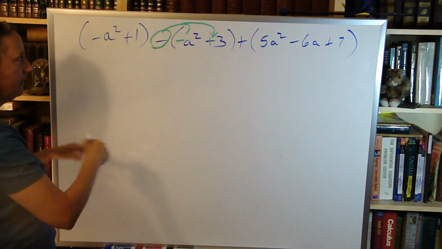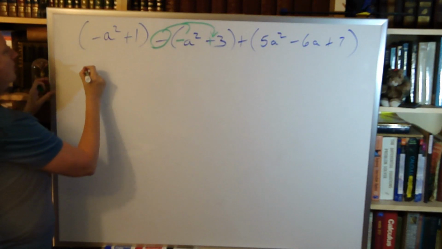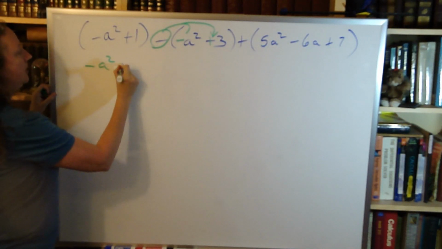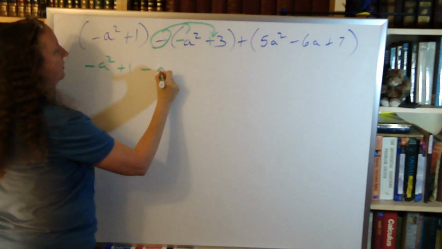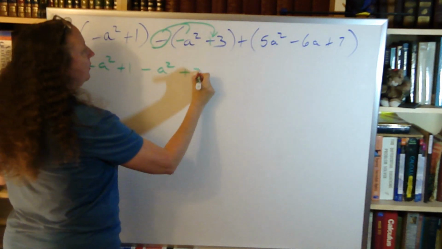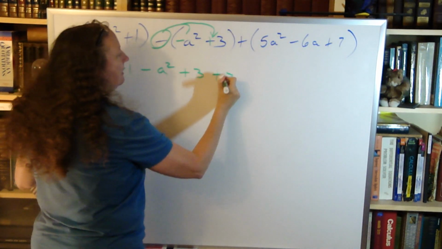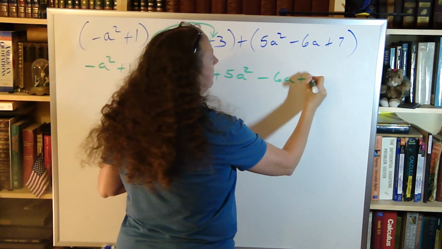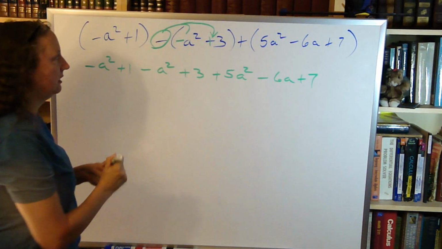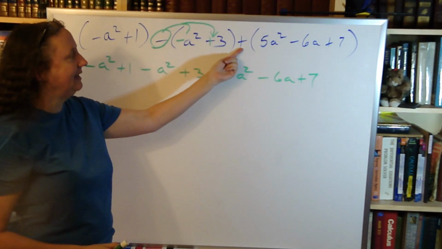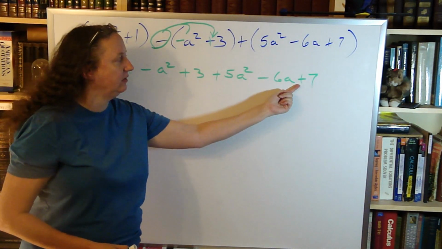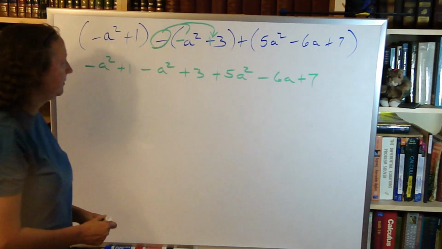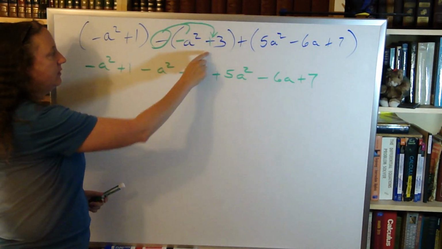Now I can carry everything down. So I have negative a squared plus 1 minus a squared plus 3 plus 5a squared minus 6a plus 7. And like I said, the plus sign here is not changing any of my signs on those terms. The minus sign, however, did.